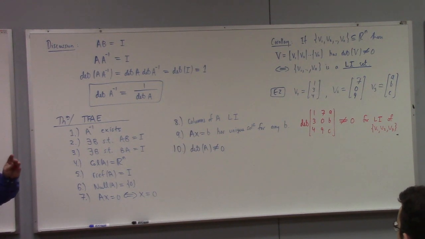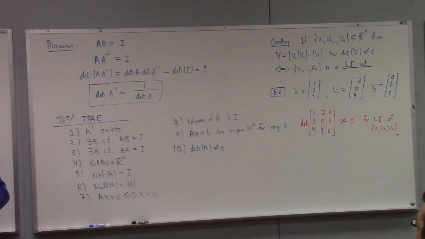But if we are looking at the question of linear independence of a set of n vectors in n-dimensional space, in that case, the determinant comes to answer the question nicely. Because I don't know about you, but this is very concrete, right? I don't have to do row operations with a symbolic column anymore, right? I can just calculate the determinant.